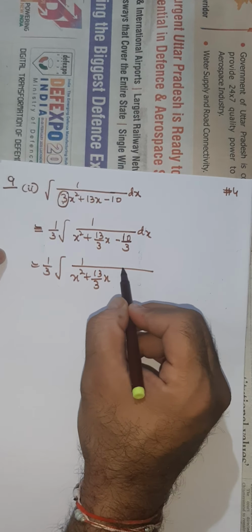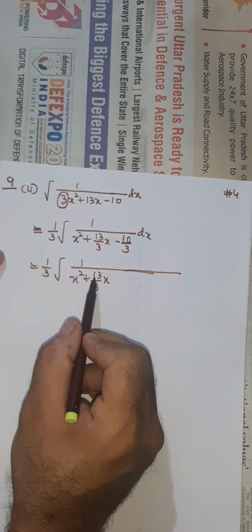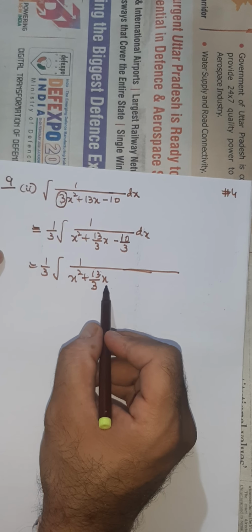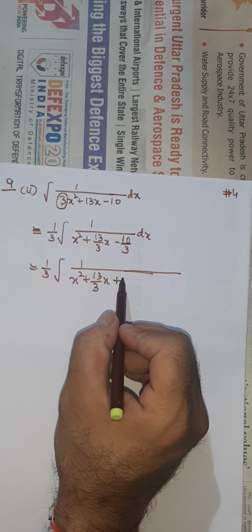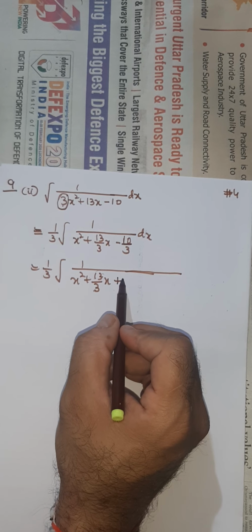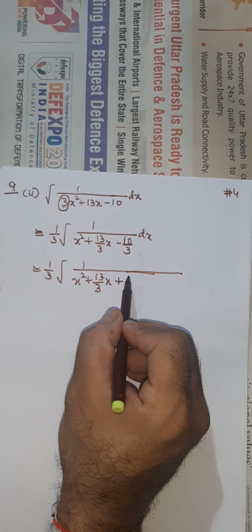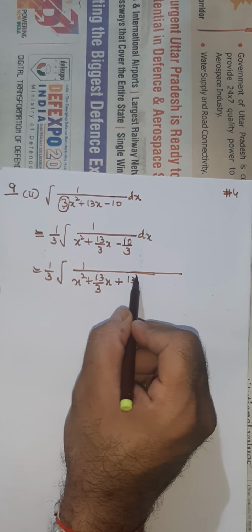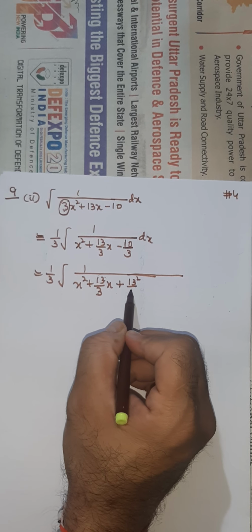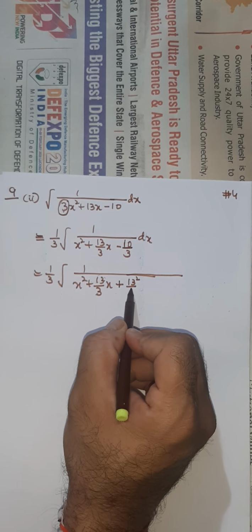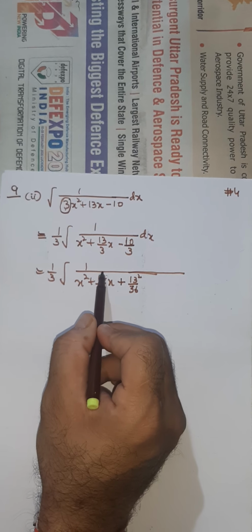What we do here is take the coefficient of the middle term by 2, that is 13 by 6. You square it. So how much would it be if I square it? Let me write directly 13 square by 6 square, or 36. This is 169. How do we get this?